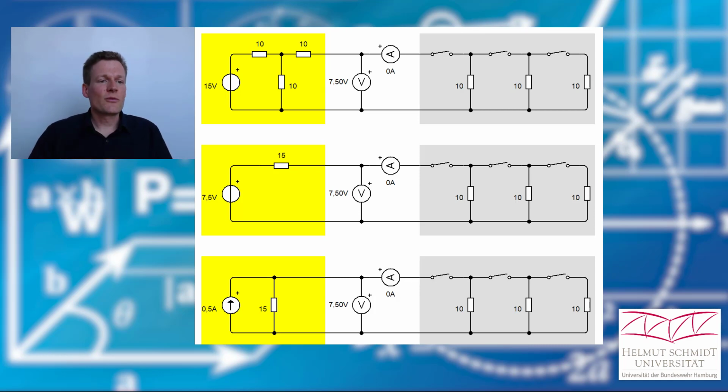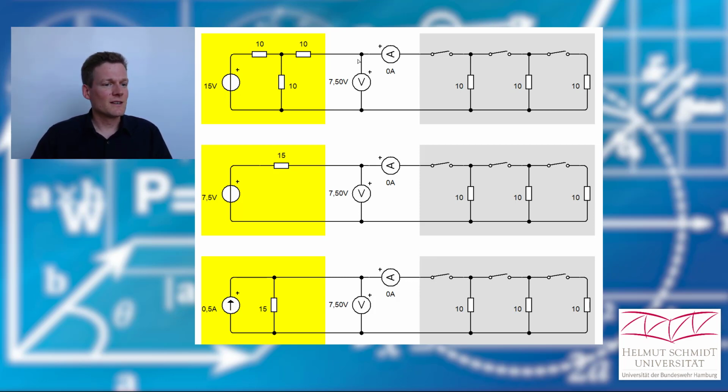We also have ideal measurement devices, so we measure the output voltage of all 3 circuits and we measure the current which flows out of our circuits. Here we have a load resistor network, and if I close the switches here, then I can connect resistors to our source networks.